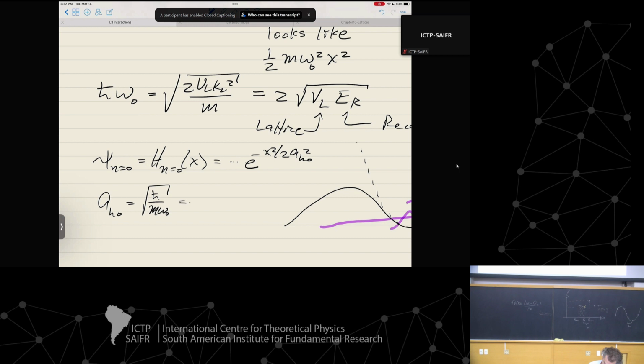And if I plug in this value up here that we just found for the harmonic oscillator frequency, then you can just write down that this is a lattice times 1 over pi to the lattice depth to the 1/4. And s is just the lattice depth in recoil units.